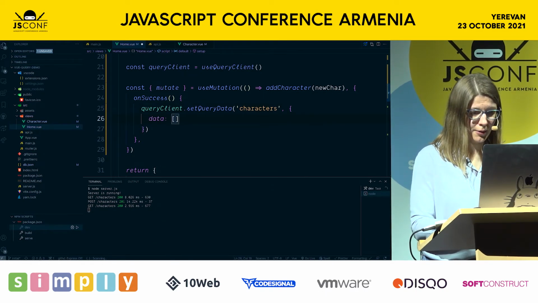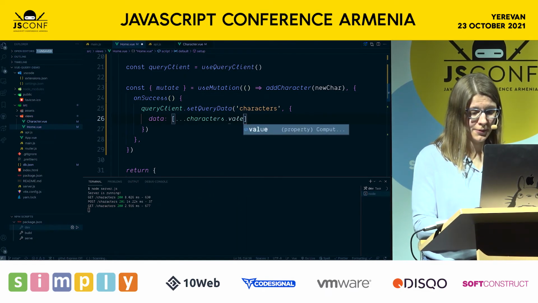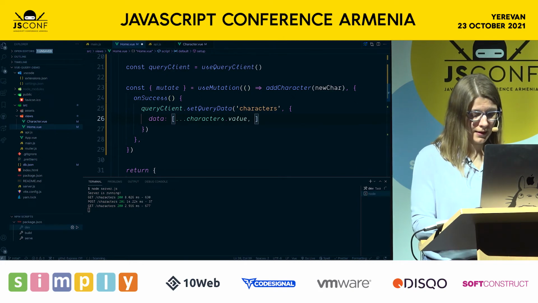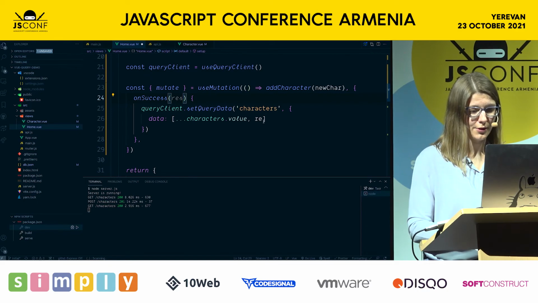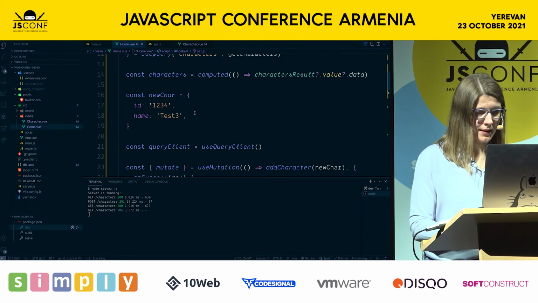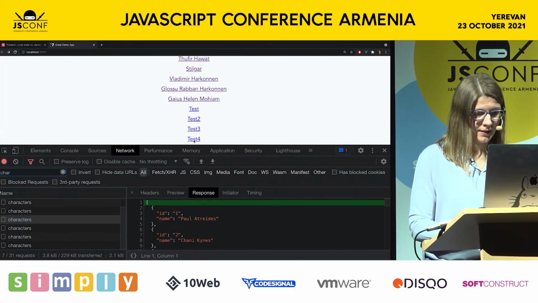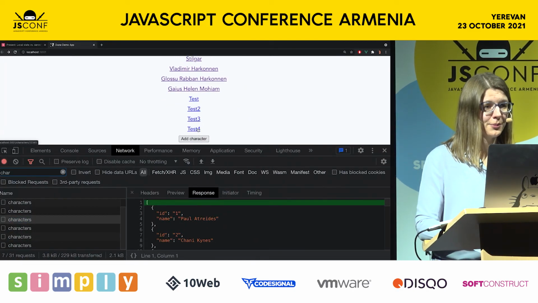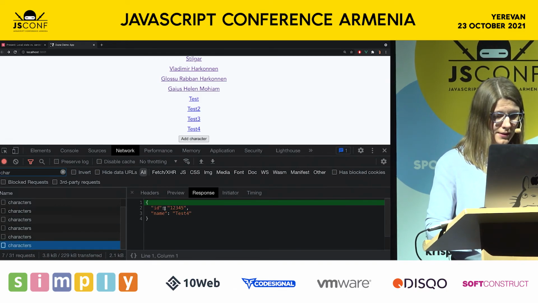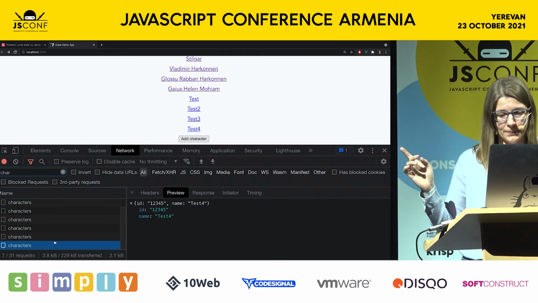And the data will be our old characters value, because this is a ref, and onSuccess receives the response from the server, res data. And again, we will need to do something else, like more IDs. And now I'm adding the character, but there is no refetch. If you wonder, this is only a mutation. There is no refetch after this one.